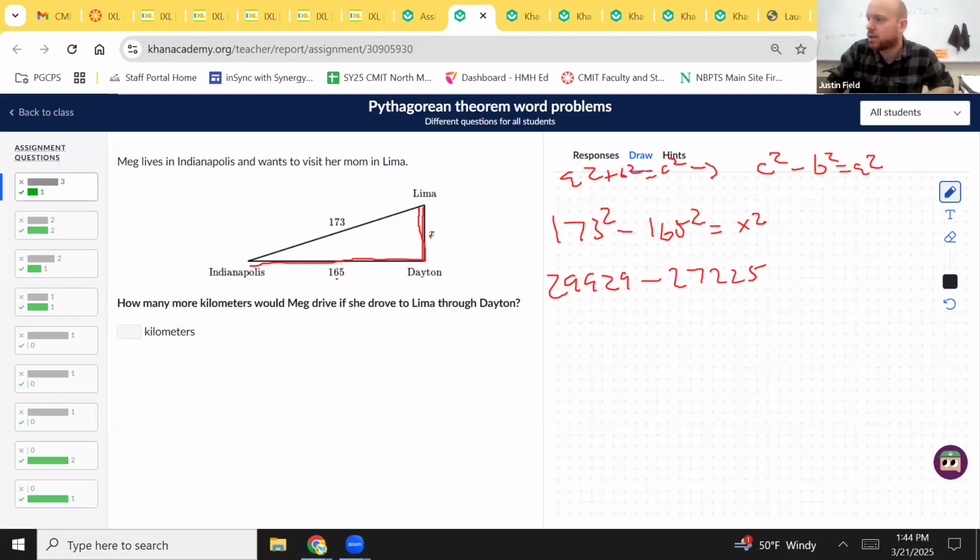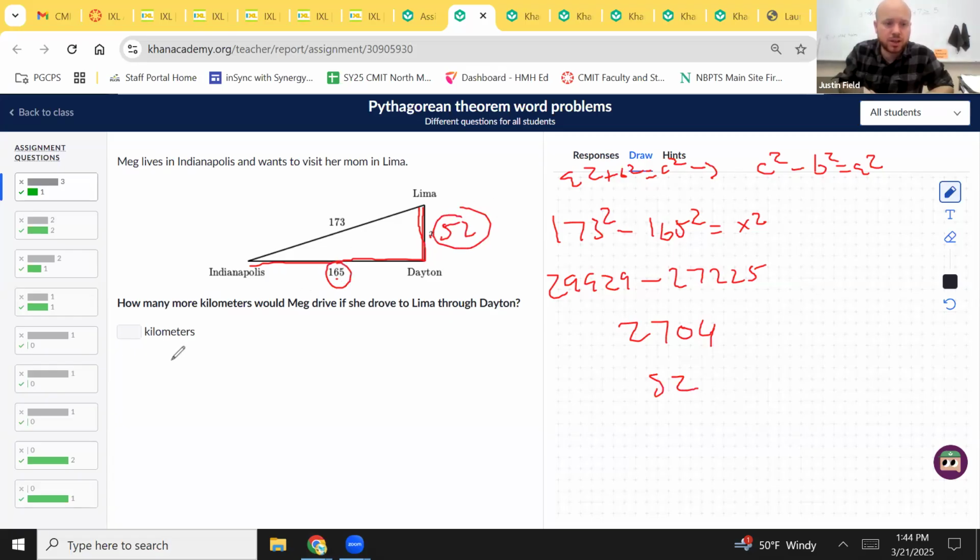Subtract those numbers: 29929 minus 27225 is 2704. It's the square root of 2704. The square root of 2704 is 52. So that distance was 52.